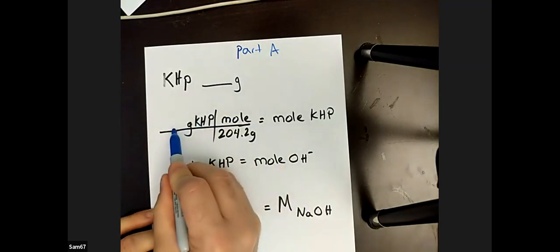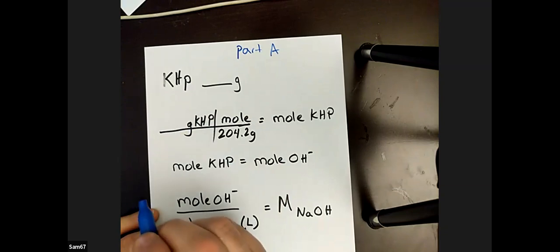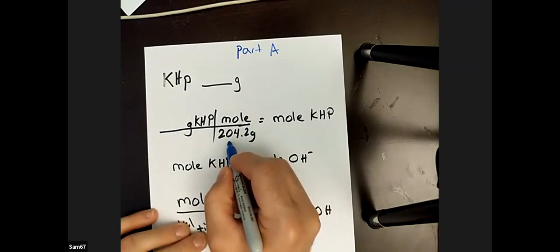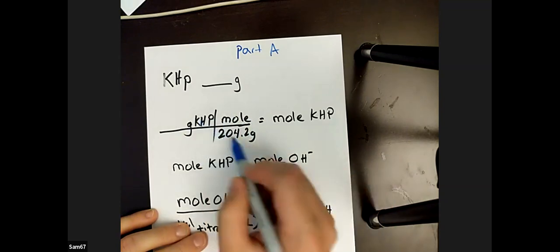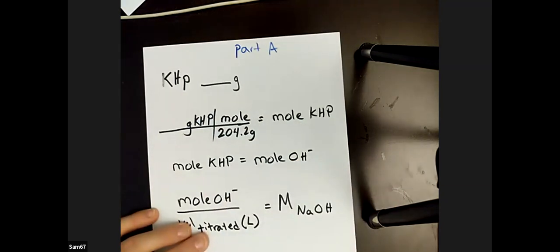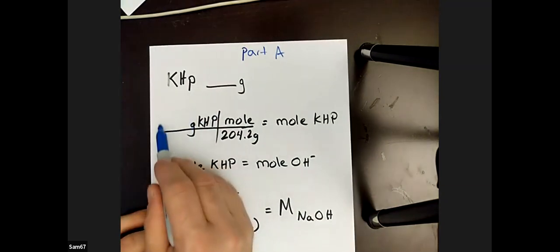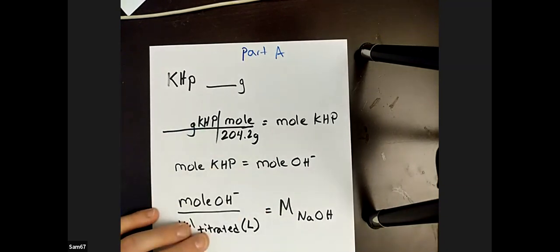Okay, so if we know the mass of the KHP we used in our solution, its molecular weight is 204.23. Grams divided by molar mass would tell me how many moles of KHP I have. Again, this is something we would have weighed out on an analytical scale, so you have all the decimal places for this.